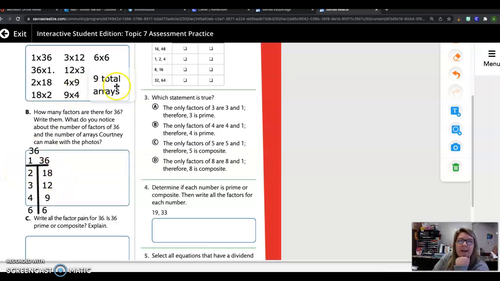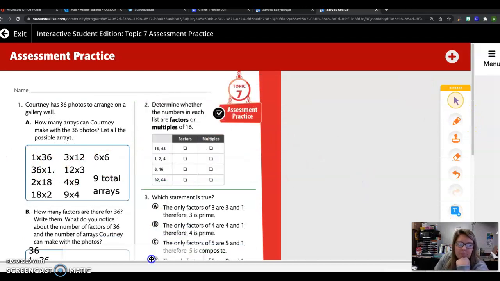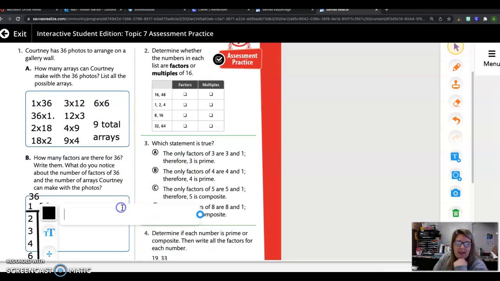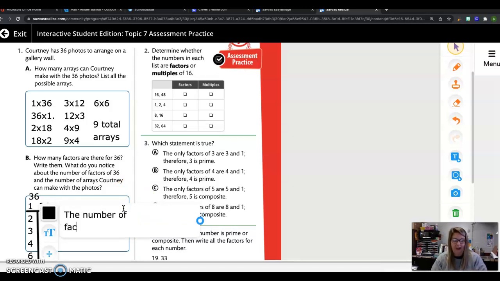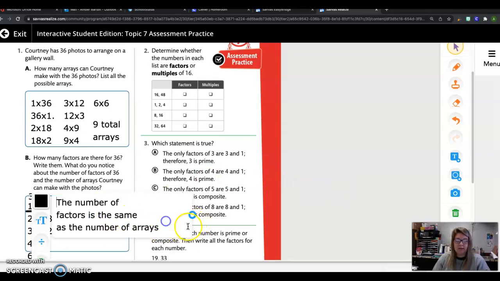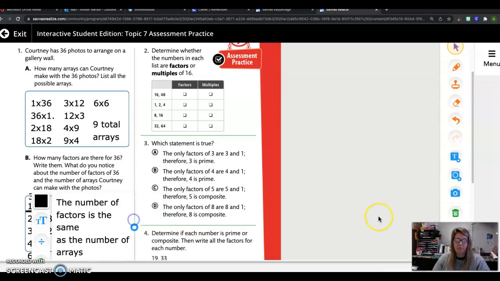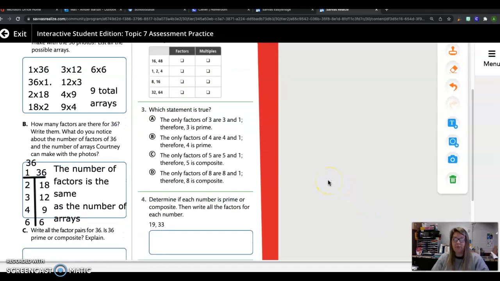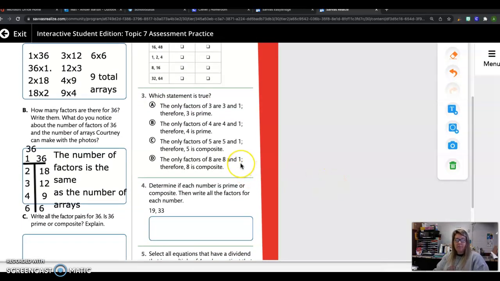So there are 9 arrays and 9 factors, right? So we could say that the number of factors is the same as the number of arrays. So that would be what we noticed was the same. Do we write that down? Yeah, that's part of the question. So what do you notice? That it's the same, right?